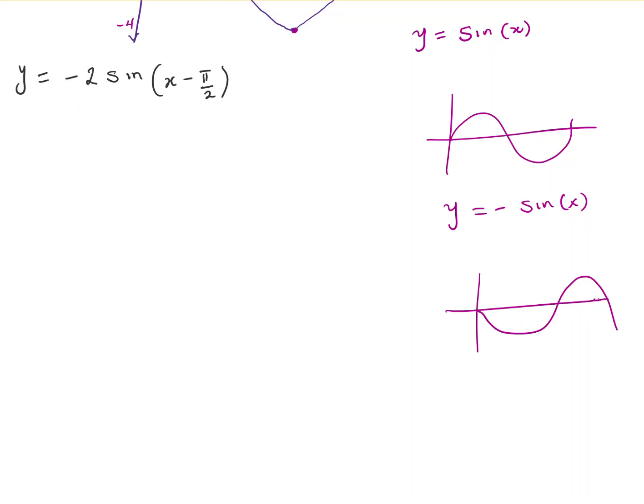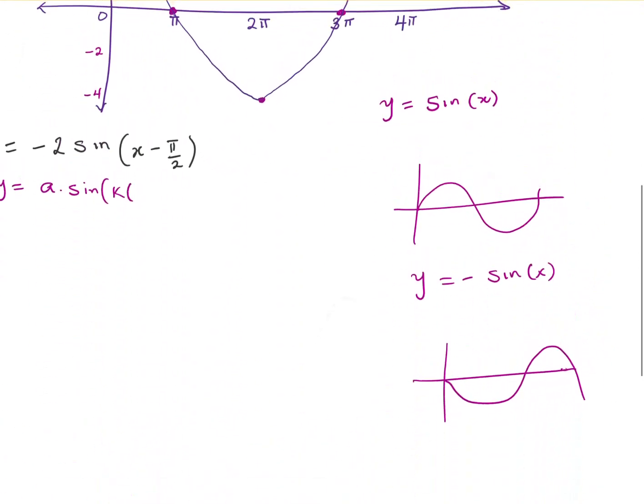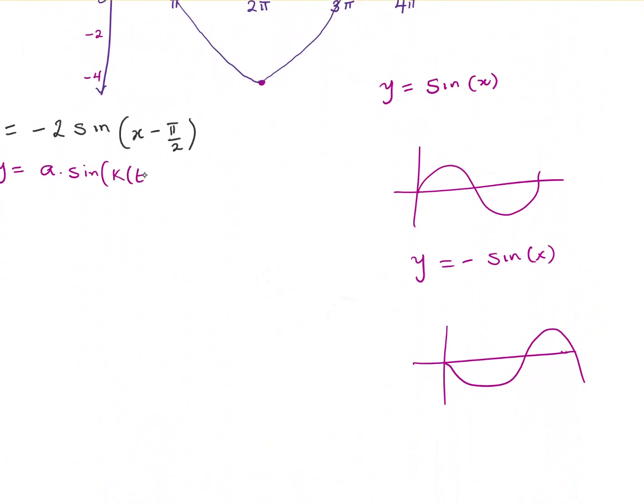Now, if we compare this with the general form, a multiplied by sine k into (t minus b) plus c, we would see here that our a, which is the amplitude because it is the height, we can take the absolute value, which is 2.